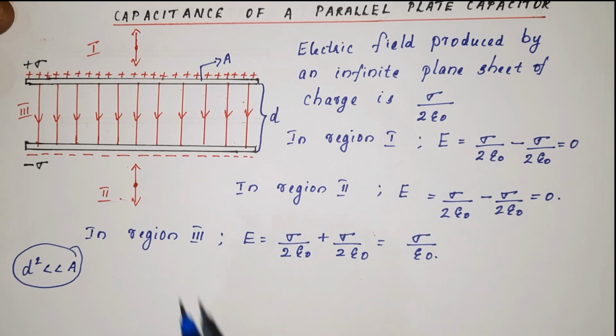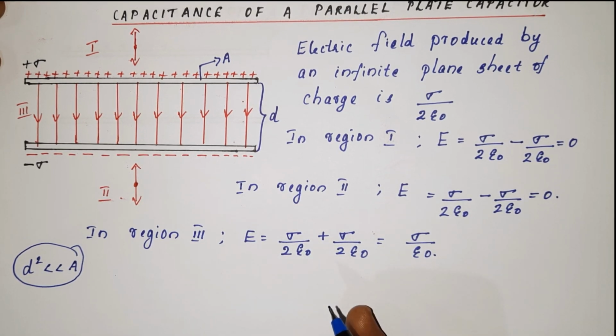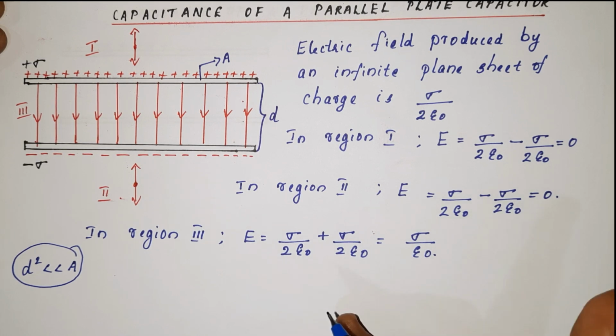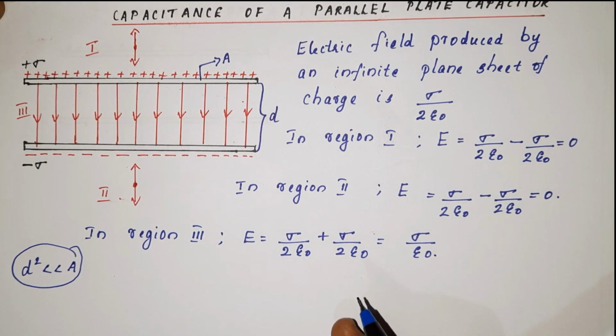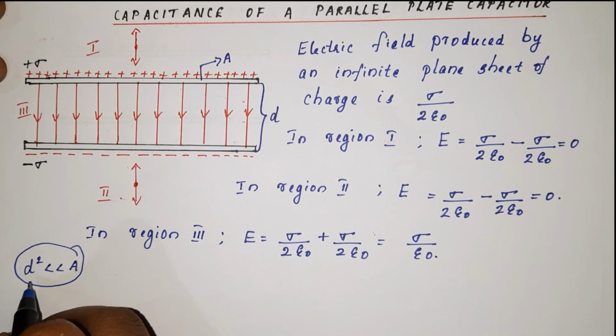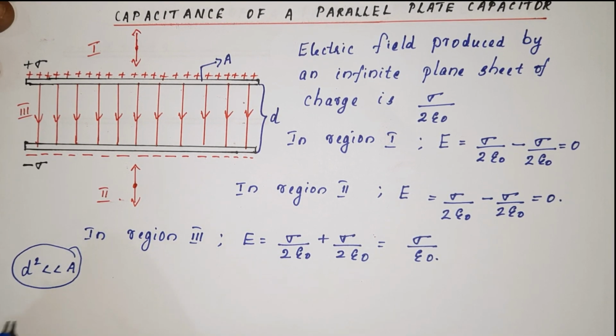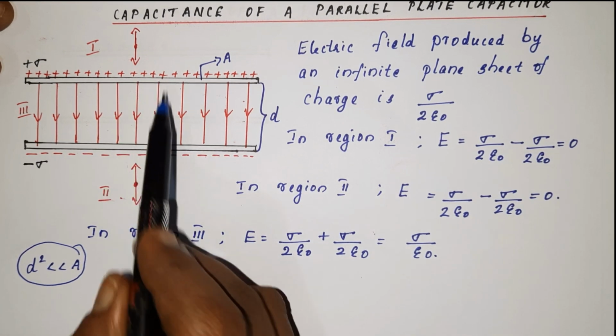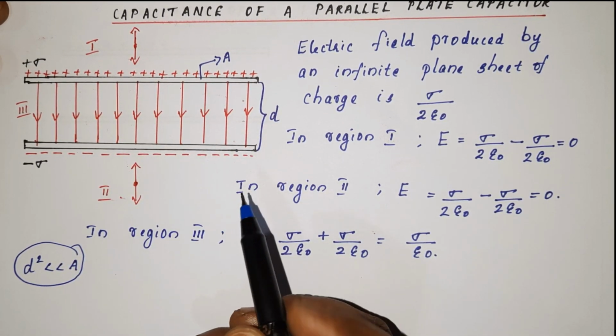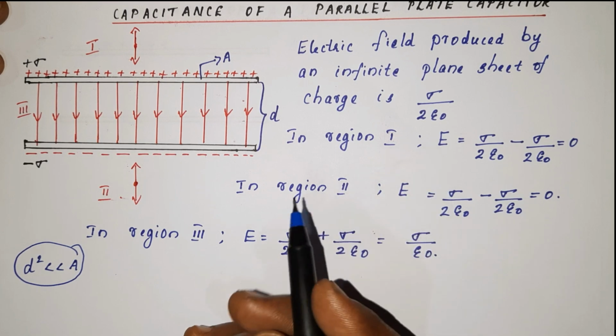That means the separation between the two plates is very much less than the other dimensions of the plates. Under this condition, we can assume these two charged plates to be infinite plane sheets of charge.